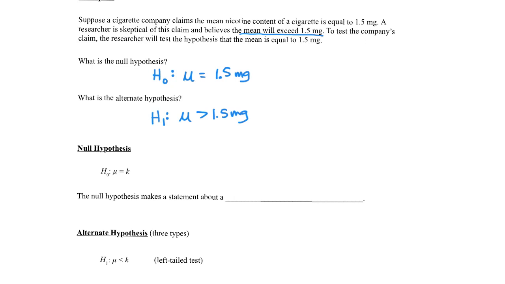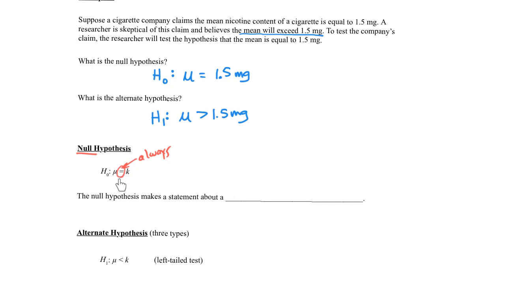So when we're testing the mean, these numbers will be the same. For the null hypothesis, the thing we're assuming to be true, the mean equals this number. And the alternate hypothesis in this case is the mean is greater than that. Generally speaking, the null hypothesis will look just like this when we're testing the mean. And for us, this will always be an equal sign for the null hypothesis.